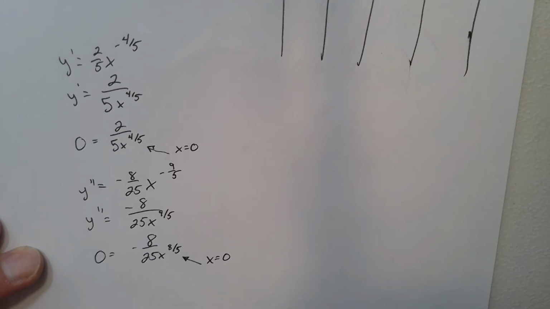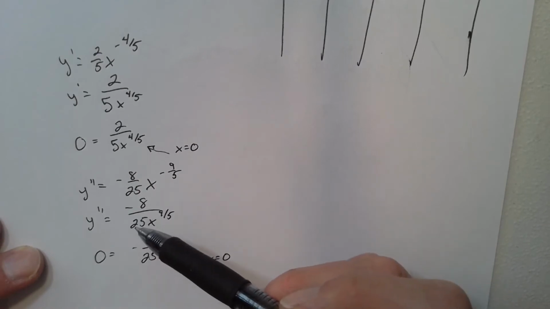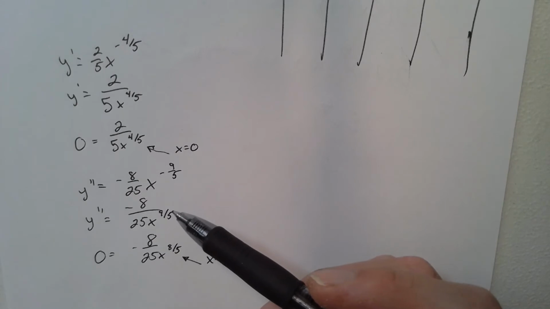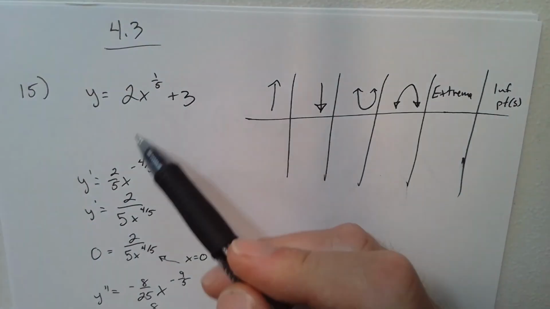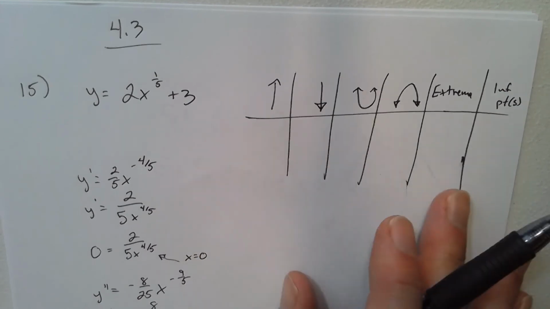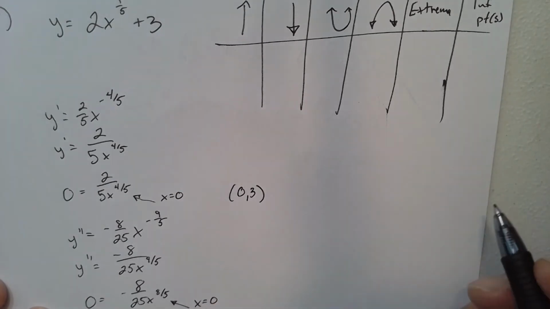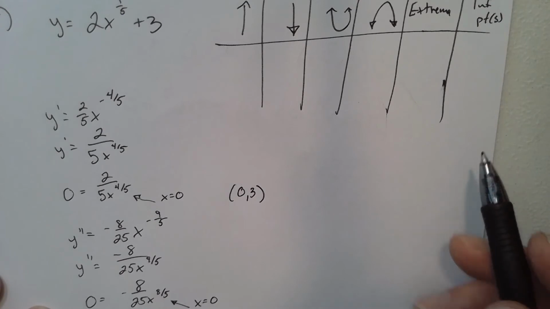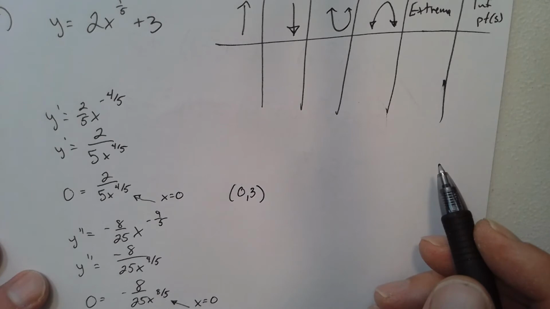Alright, so now we could put 0 into our second derivative to check concavity, but it's not defined there. So if we plug 0 into our original equation, let's get an ordered pair there. So 2 times 0 is 0 plus 3. So 0, 3, something happens. Let's pick points on both sides of x equals 0, and we can check its concavity.